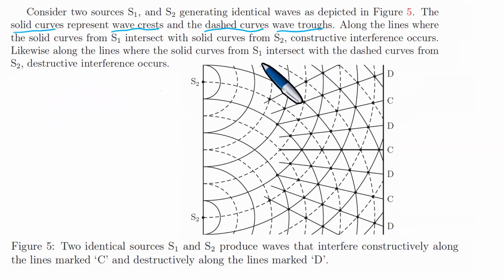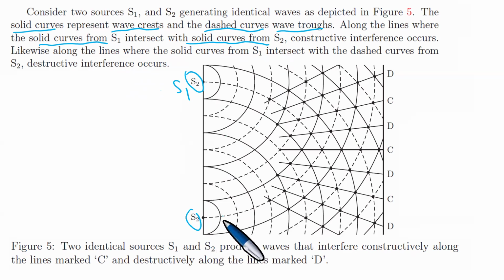So you look at the fact that at this point, let us begin here, where we're saying along the lines where the solid curves from S1 intersect with the solid curves from S2. So now, if we were to look at these as S1, you can see the solid curves from S1 intersect with the solid curves from S2.